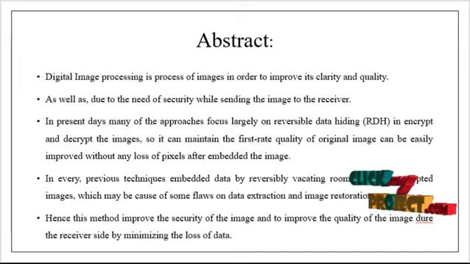This method improves the security of the image and the quality at the receiver side by minimizing the loss of data. The loss of data will be evaluated by the mean square error, and the quality of the pixels will be evaluated using the peak signal to noise ratio, that is the PSNR.